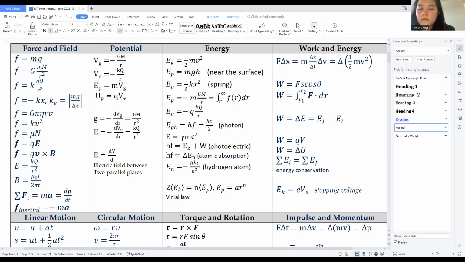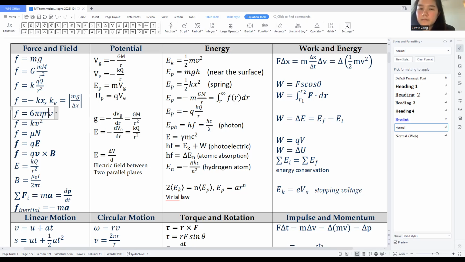Okay. Now this force, they asked this question once when we were dealing with oil drops. Can you see? Small tiny oil drops. Basically, this force is the drag force, which is proportional to the velocity.